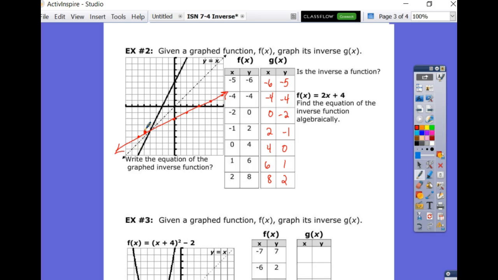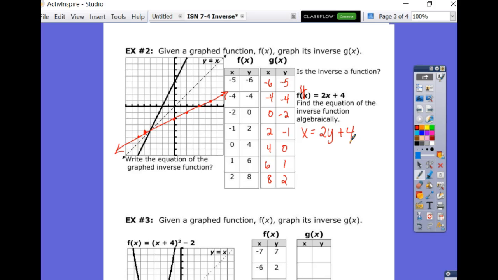But if I start with this, and this is the black line, so f of x, that's the same as y, correct? They're the same thing. So to solve the equation, I'm going to go ahead and flip the x and the y. And so when I do that, this is what I have. So the first thing I do is I flip the x and the y. And the next thing I need to do is just solve for y.